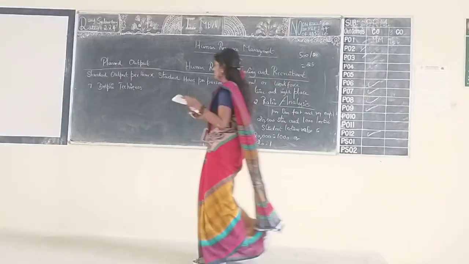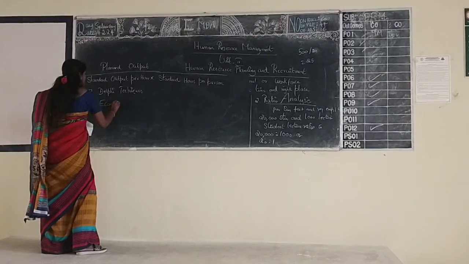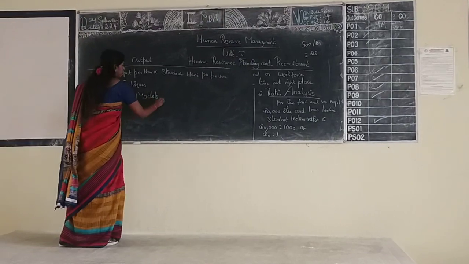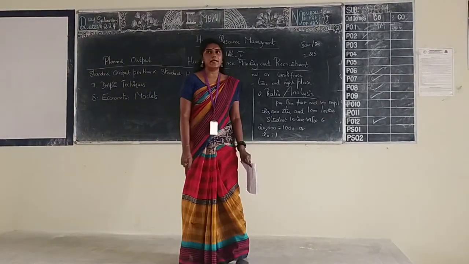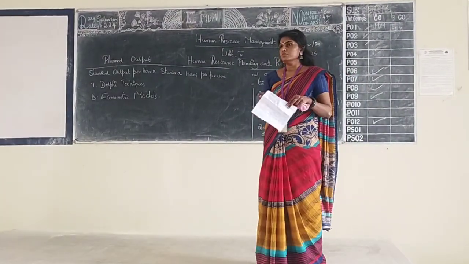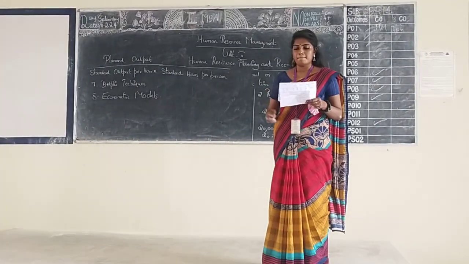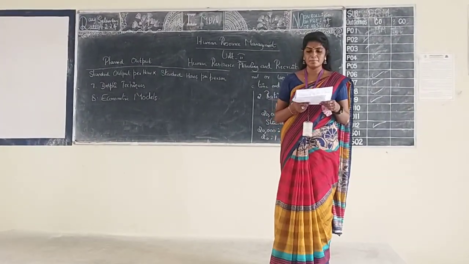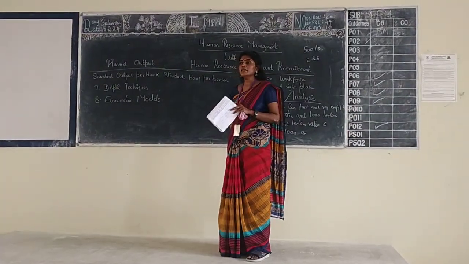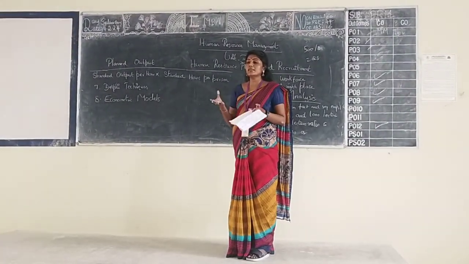Next, 8. Econometric models. This is the last one, econometric models. Here the data is related to statistical variables.